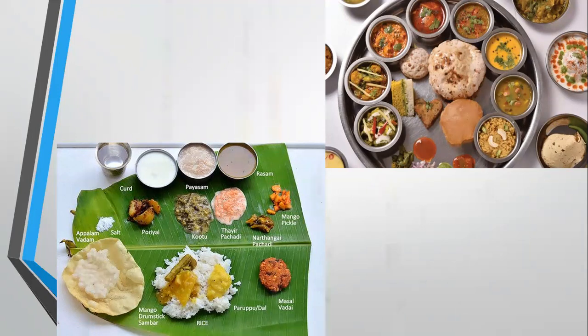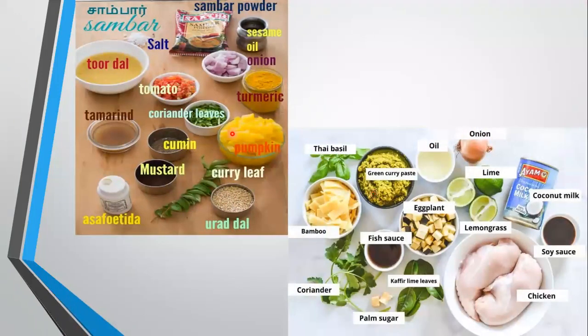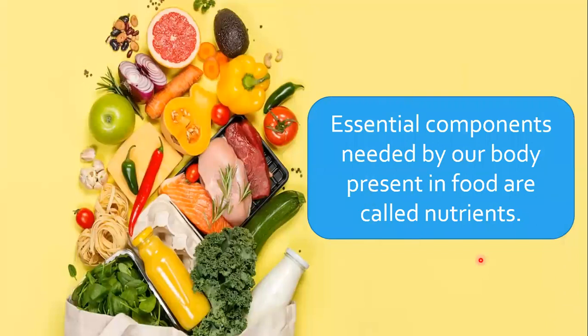Whatever it is, each dish is usually made up of one or more ingredients which we get from plants or from animals. These ingredients contain some components that are needed by our body. The essential components needed by our body that are present in food are called nutrients.